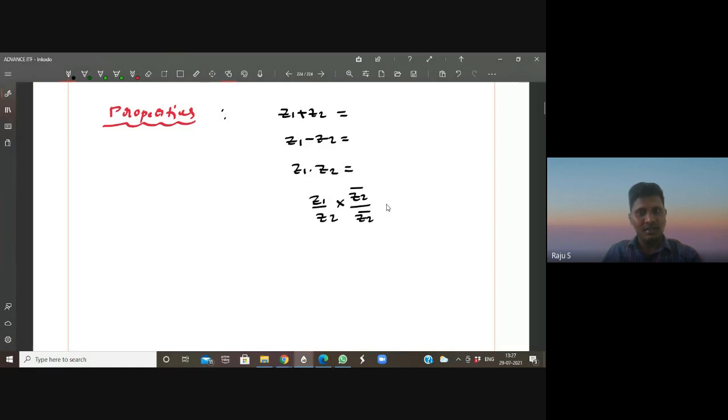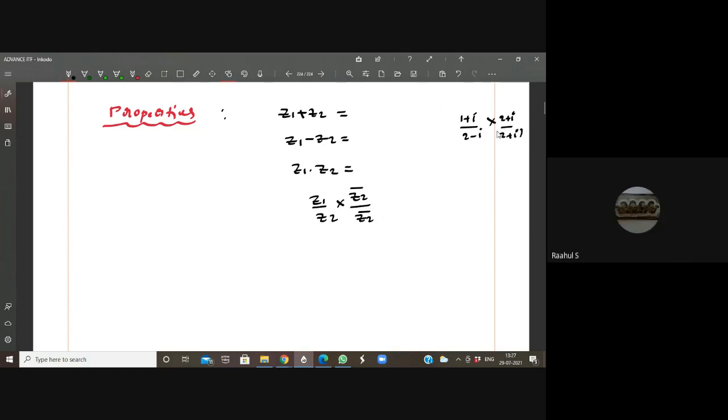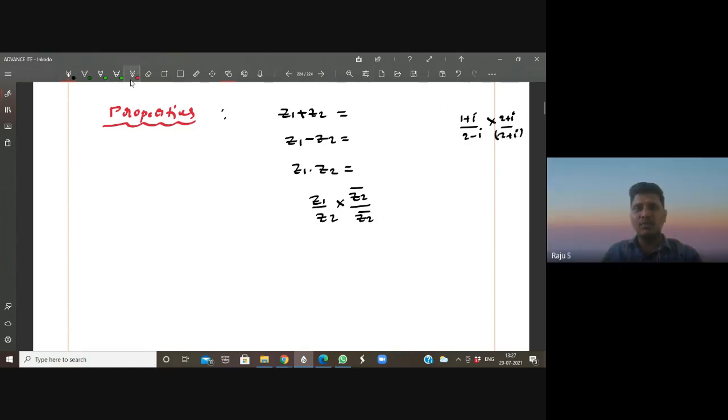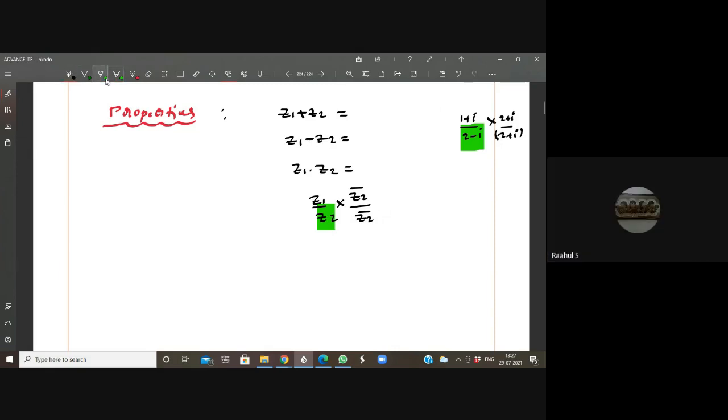Clear? Always see, for example, 1 plus iota by 2 plus iota will be there. Rationalizing with the conjugate of the denominator: when I take 2 minus i as z2, what about 2 plus i? z2 conjugate.